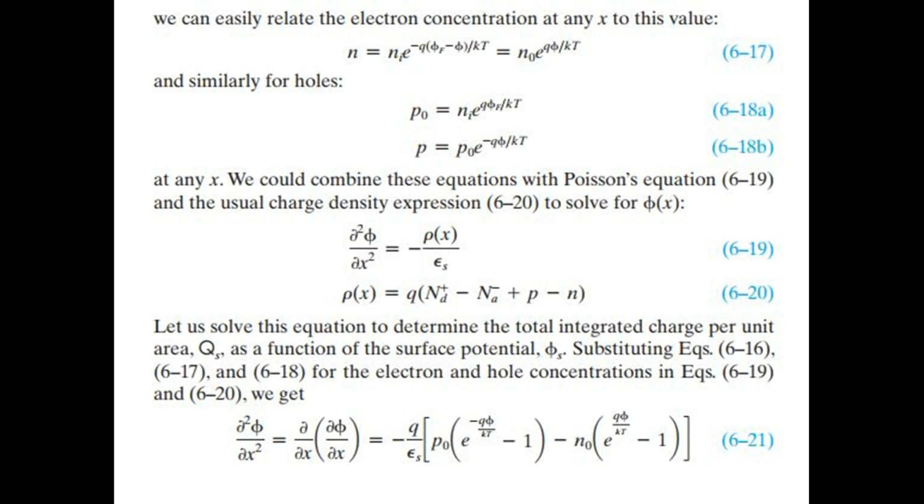Let us solve this equation to determine the total integrated charge per unit area, Qs, as a function of the surface potential, ψs. Substituting Eqs 6.16, 6.17, and 6.18 for the electron and hole concentrations in Eqs 6.19 and 6.20, we get.